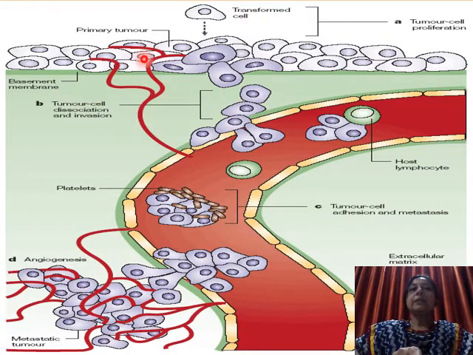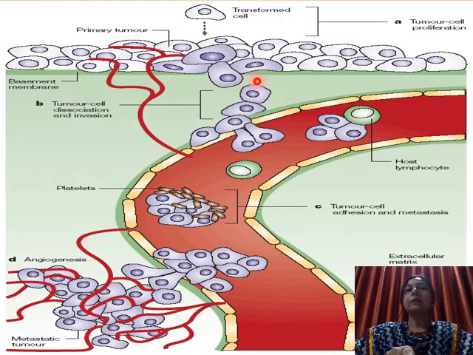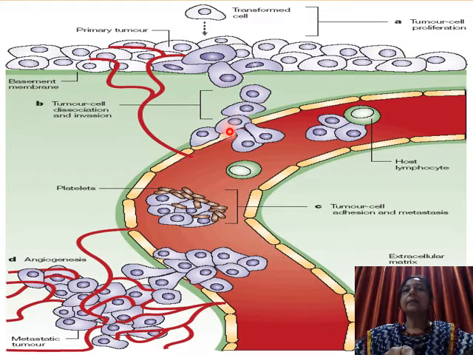So when we see this primary tumor, it will break the basal lamina, the basement membrane, by type 4 collagenase enzyme, and then they will intravasate into the blood vessel, which is already giving nourishment to that particular tumor. Here it goes into the blood vessel, and then it forms a tumor emboli by combining with platelets and blood cells. This tumor emboli will now extravasate wherever the tumor microenvironment is proper for that tumor cell to grow.